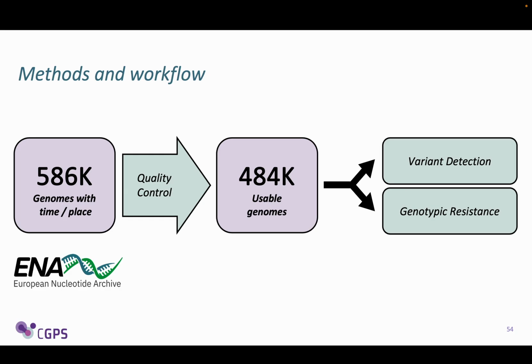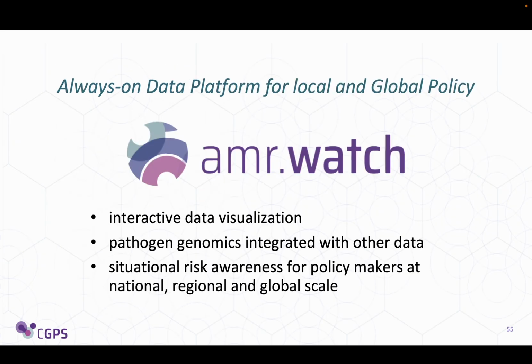So can you define a variant clone and also then piece together the resistance data? We wanted to deliver this information in real time as data comes into these archives, in a format that could be used for local and global policy. So AMR Watch is an initiative that allows you to explore the current global landscape of bacterial genomes that are within that priority pathogen list.